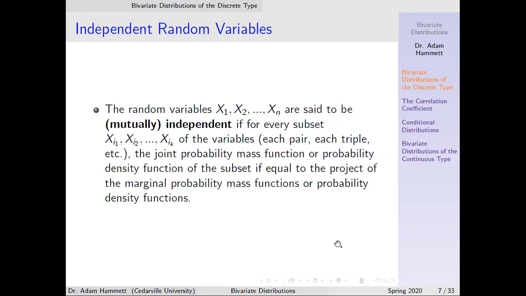And moving a little bit deeper, if I had n random variables, they're said to be mutually independent if for every subset of any size, whether pairs, triples, or k-tuples, the joint probability mass function or probability density function of the subset is equal to the product of the marginal probability mass functions or probability density functions.